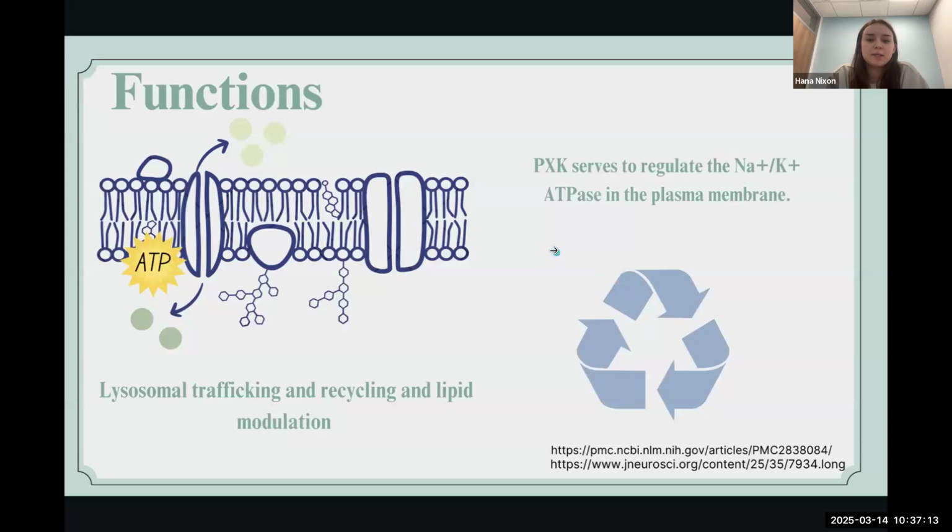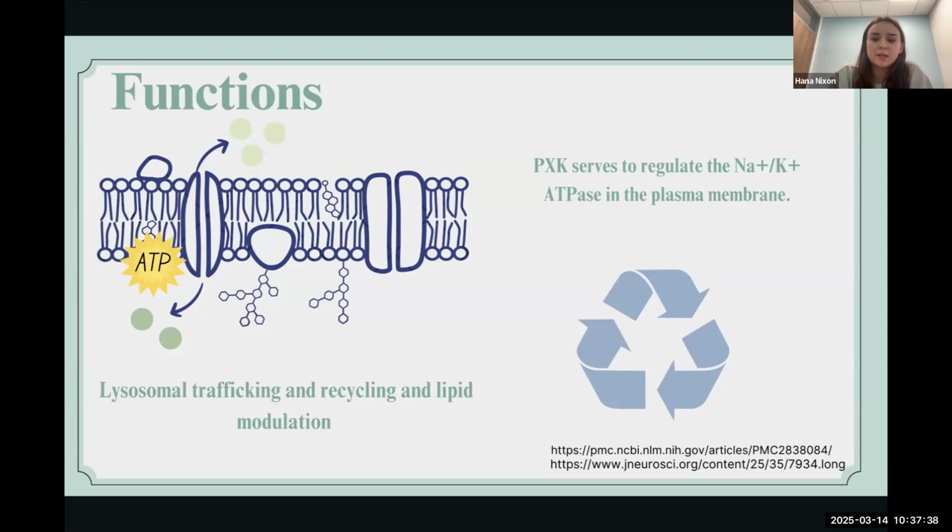For functions, PXK serves to regulate the sodium-potassium ATPase in the plasma membrane, and it does this through two main mechanisms. The first one is PXK is known to be used for lysosomal trafficking and endosomal trafficking, and this helps regulate the localization of the ATPase in the membrane, and by ensuring its correct placement in the membrane, it affects its surface expression and thus controls its activity.